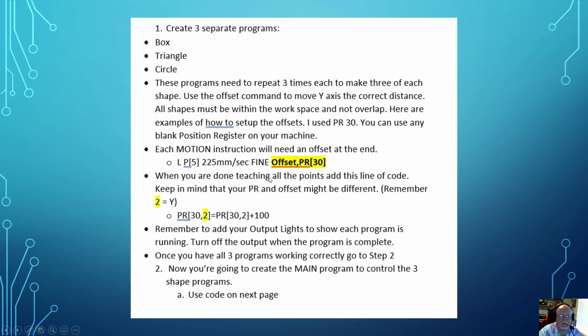And then when you're done teaching all the points, add this line of code to the program. Keep in mind that your position register and offset might be different if you use different numbers. And your offset, you're going to have to adjust that to fit on the workspace, on the whiteboard that we have.